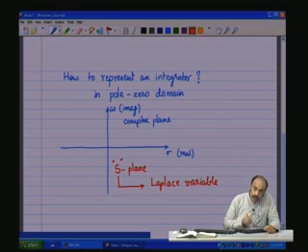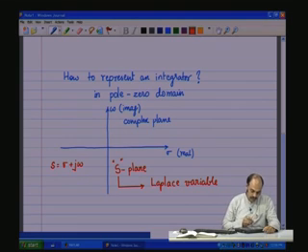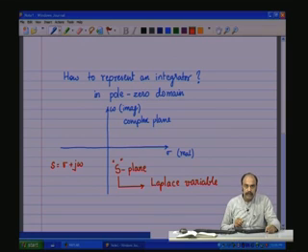So, this is also called the S plane, where the variable S is equal to sigma plus j omega. Okay. This is how the pole-zero domain is represented. We saw that earlier. Now, we will see how to get the poles and the zeros from the electric circuits.